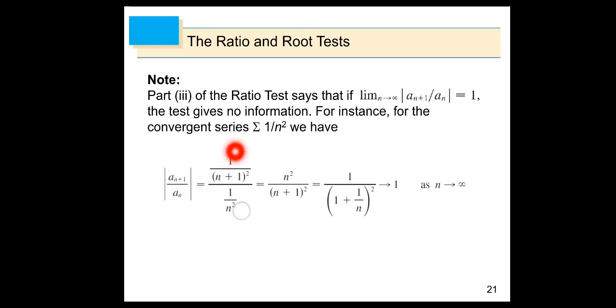Now this is our a sub n. When we add these values, you can see this is 1 divided by n square and n plus 1 whole square. This whole will be divided by 1 by n square.